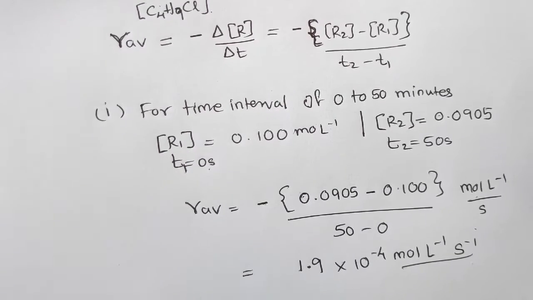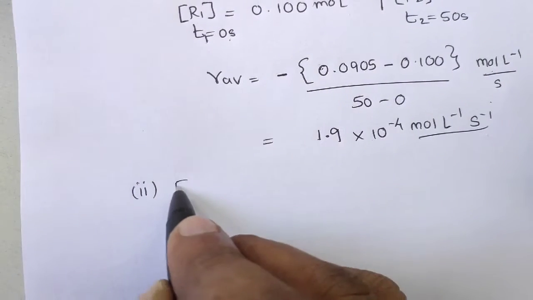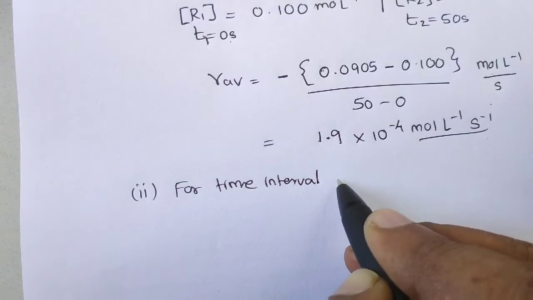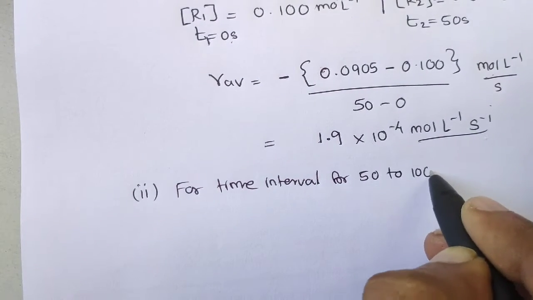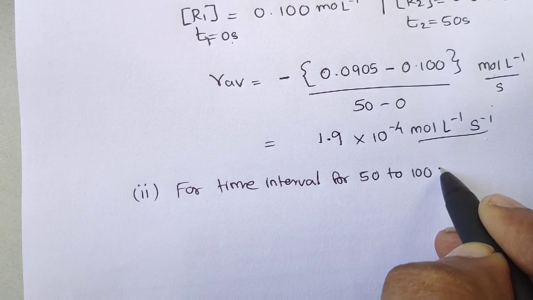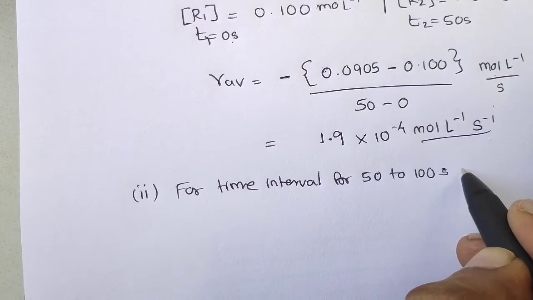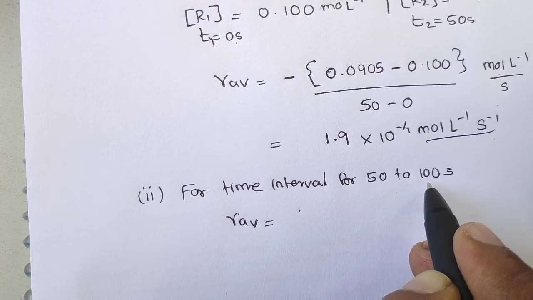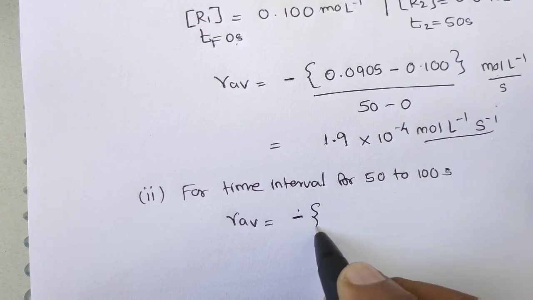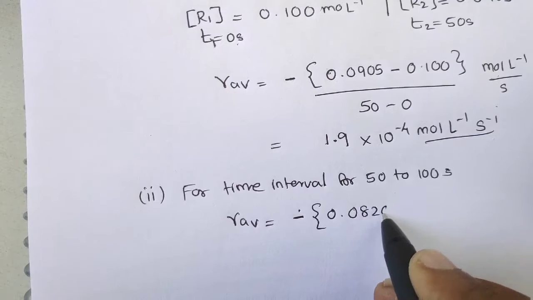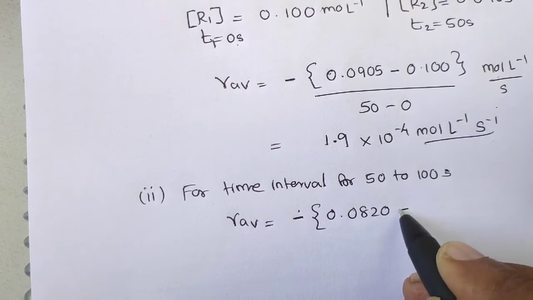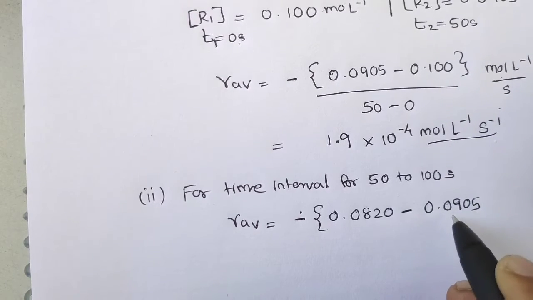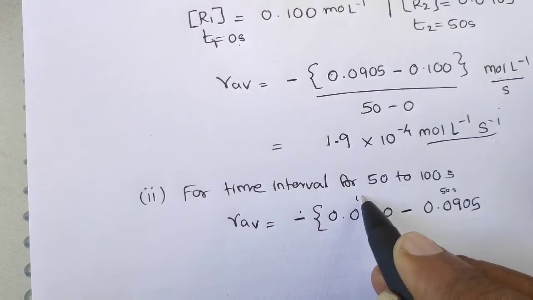Similarly, for the second time interval, that is for 50 to 100 seconds, RAV will be equal to R2 minus R1. R2 at 100 seconds is 0.0820, minus 0.0905, which is at 50 seconds.